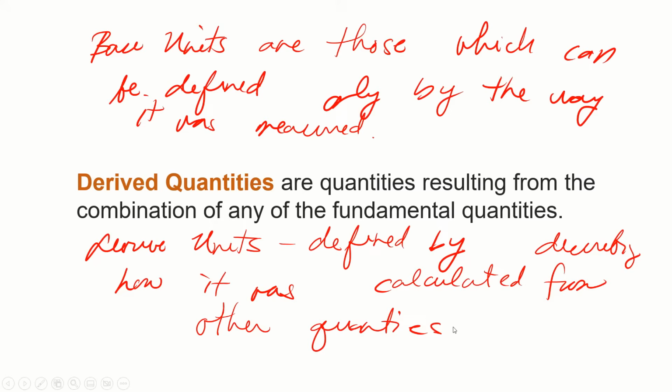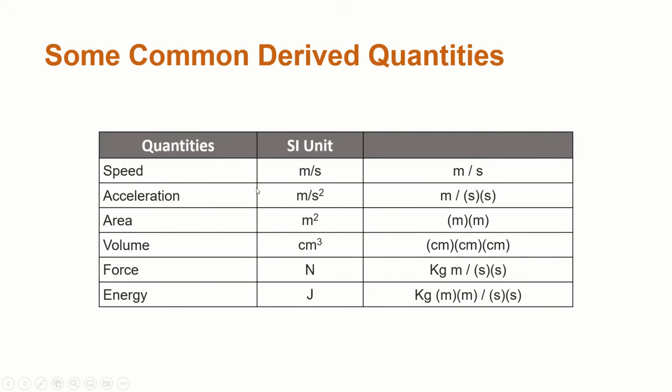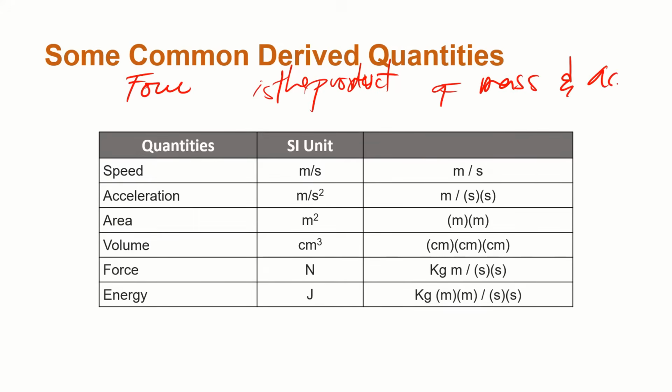To give you an example, here are the common derived quantities: speed, meters per second, acceleration, area, volume, force, and energy. For example, let's take force. If we define force, force is the product of mass and acceleration.